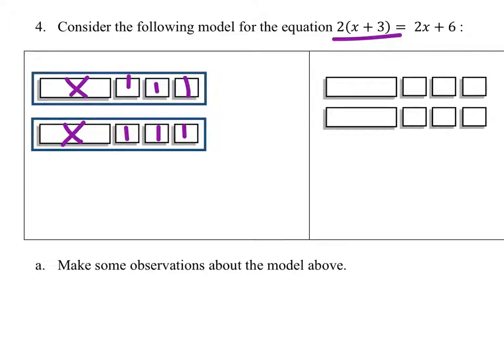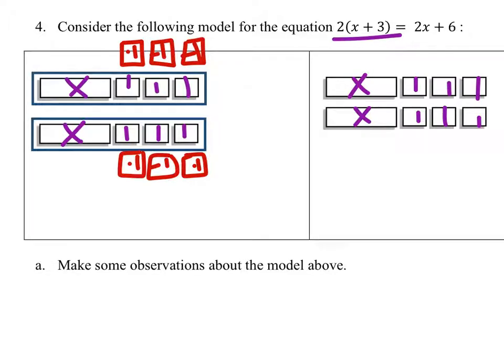You need to remember that because sometimes people add or subtract instead. On the other side, we just have 2 x's and 6 ones. From right here, we want to get rid of those ones, so I can subtract 6 ones. But we have to remember it's an equation, so if we do it to one side, we have to do it to the other side as well.